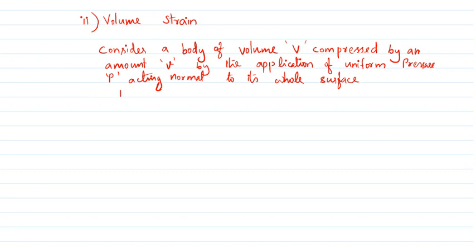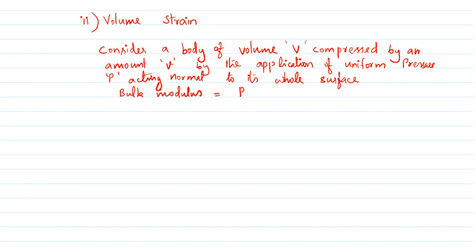So bulk modulus, already you know, is a modulus of elasticity. The constant will be obtained by taking the ratio of stress and strain. So here bulk modulus will be obtained by taking the ratio of stress, that is here the pressure P, with respect to the strain.